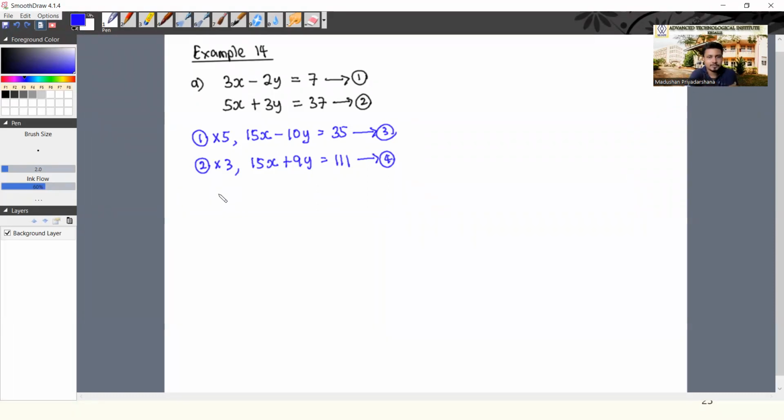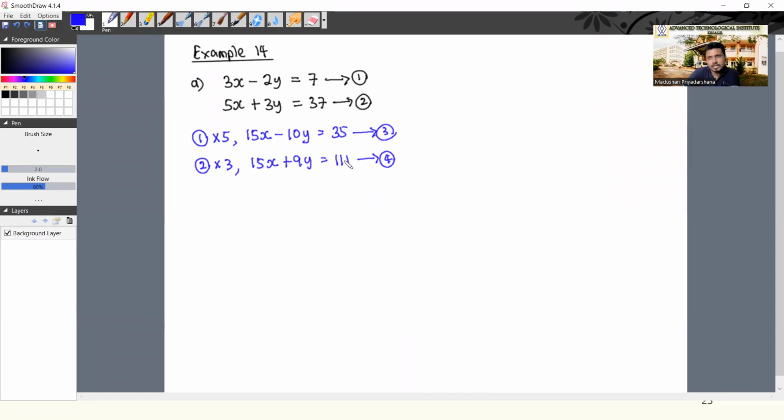Add or deduct? Minus. Yes, we need to deduct these two equations because the signs are similar. See here, here we have plus, here also we have plus, signs are similar, therefore we need to deduct.